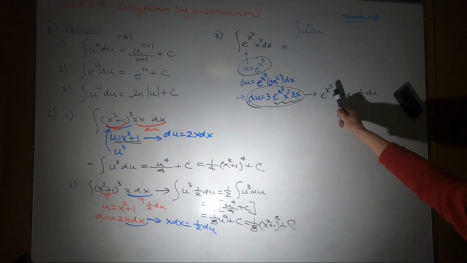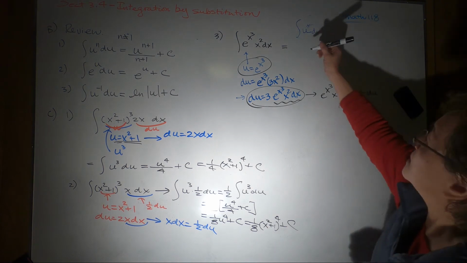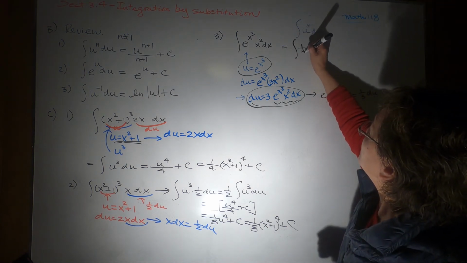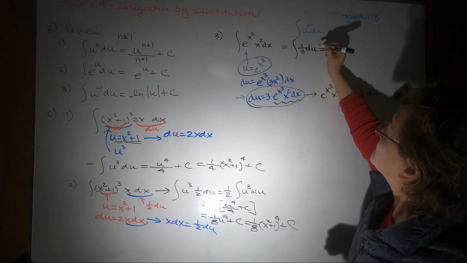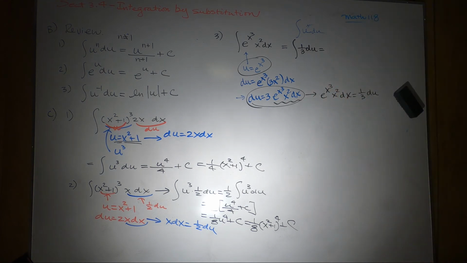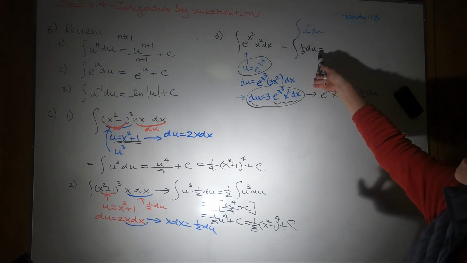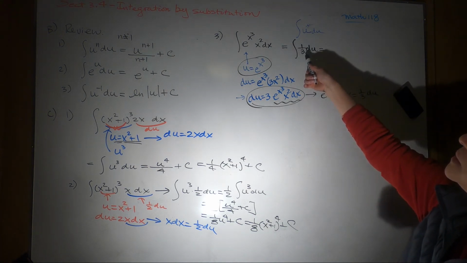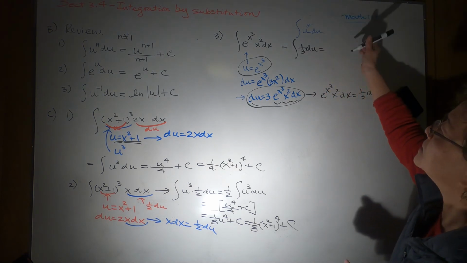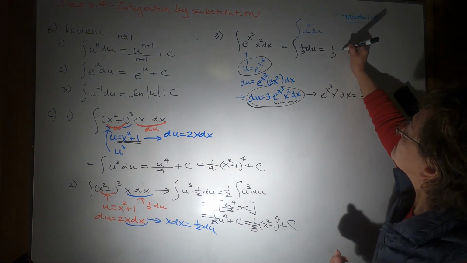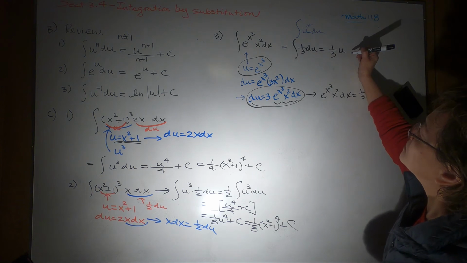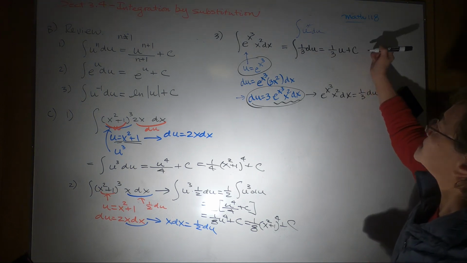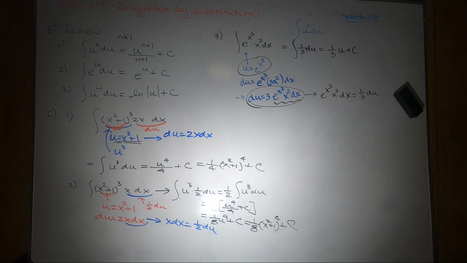So if you compare this and this, the whole thing becomes 1/3 of du against u, right? Then 1/3 becomes the constant rule. So you take the constant out, integrate and you get u, right? Plus c. Is that right?